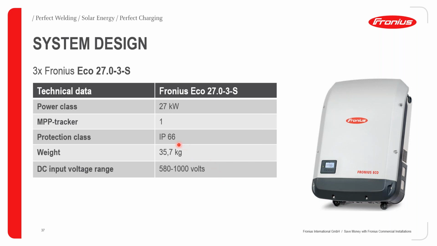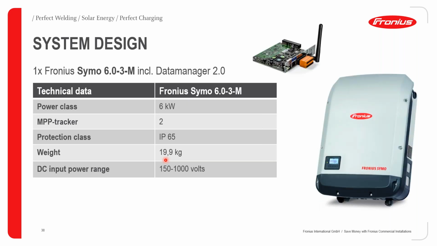I want us to take note of this weight in particular because we're going to make reference to it in the subsequent slide. The Symo is a 6 kilowatt inverter, multiple MPP trackers, IP65 protection class, weight of 19.9 kilograms, and DC input power range of 150 to 1000 volts.